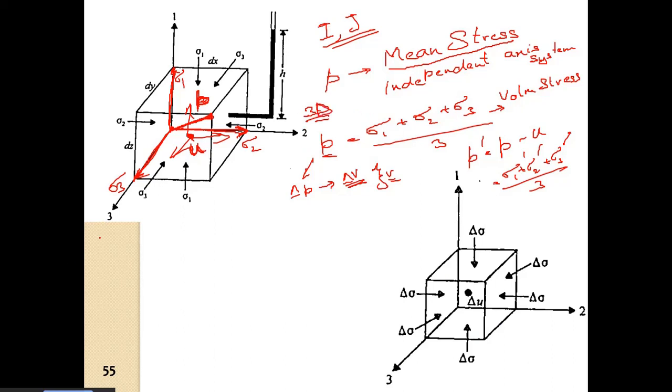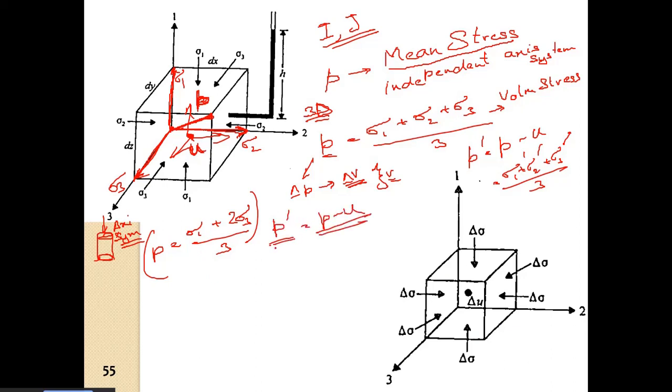In case of triaxial test, we have the axisymmetric condition. Therefore, P we define as sigma 1 plus twice of sigma 3 divided by 3, and P dash is equal to P minus U. So this is the effective confinement.